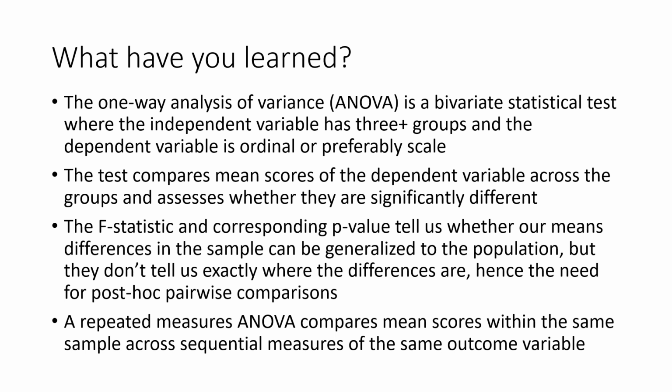But the fact that we found a significant ANOVA doesn't tell us everything we need to know, because we need to also request post hoc pairwise comparisons so we can look at every possible configuration of pairwise comparisons within our ANOVA to see exactly where the mean differences exist and where they don't exist. And lastly, we learned a bit about the repeated measures ANOVA, which compares mean scores within groups, so within the same sample, but across different points in time.